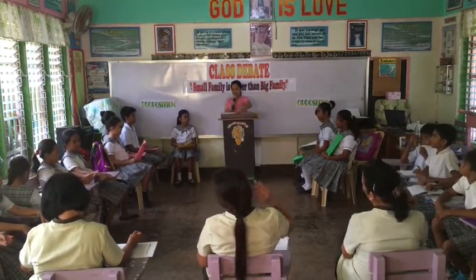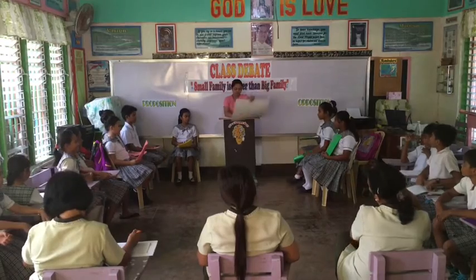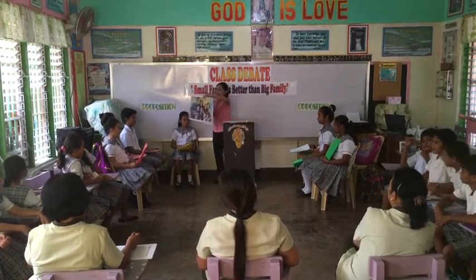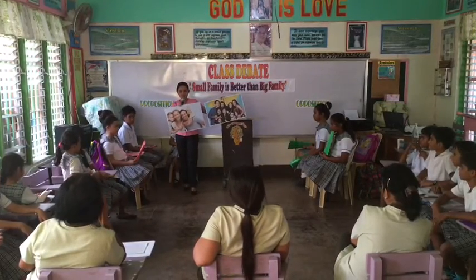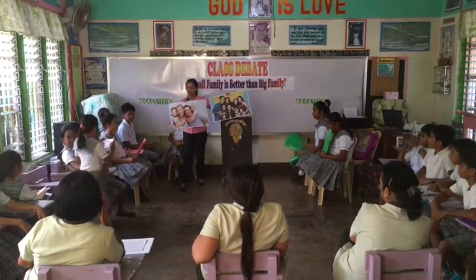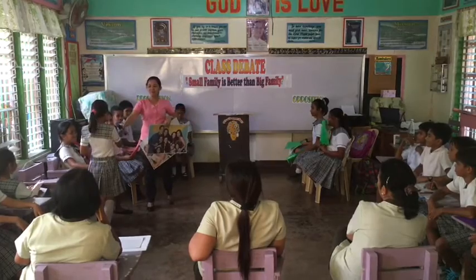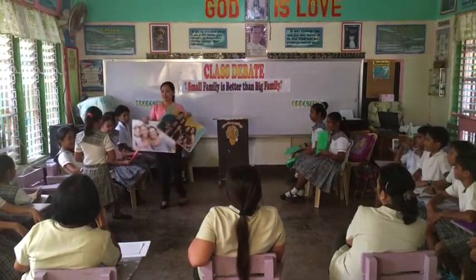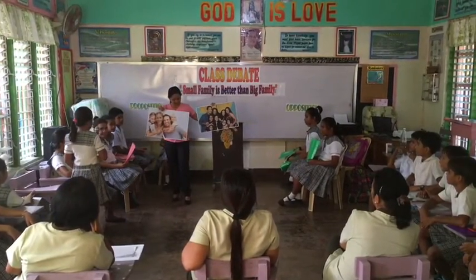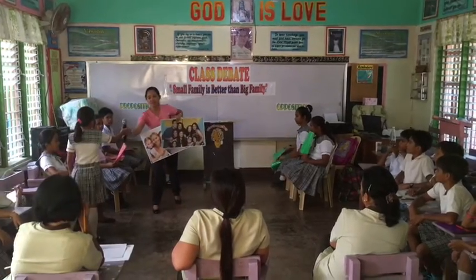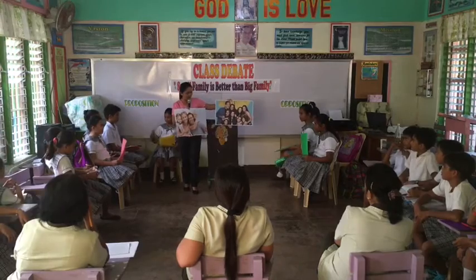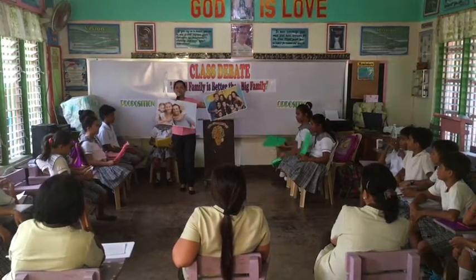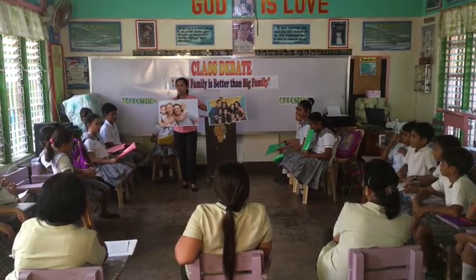Now I have here pictures. What is shown in the picture? Francis. In the picture shown, the group of the family. Okay, the picture shows a family. Who can describe or compare the two pictures?